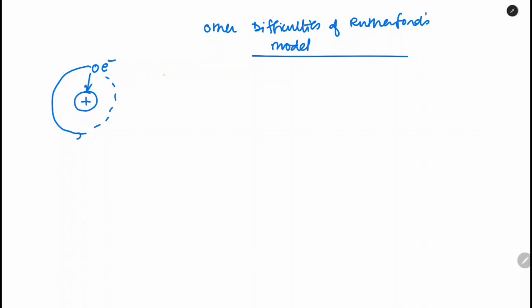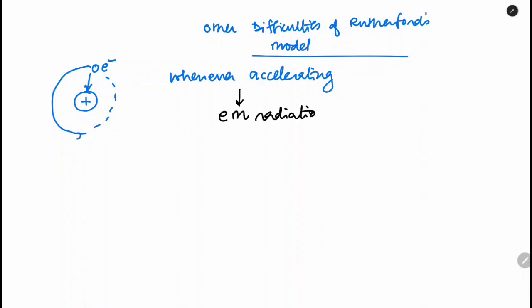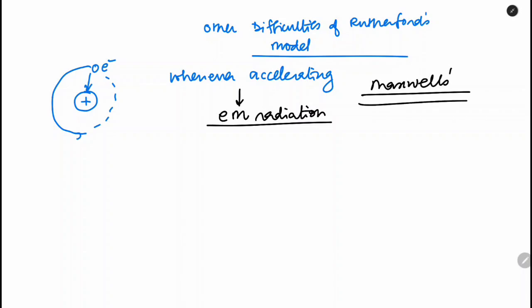But we know that whenever there is an accelerating body, there should be electromagnetic radiation, according to Maxwell's equations. Maxwell's equations of electromagnetism say that whenever there is an accelerating body, it should emit electromagnetic waves, which means the revolving electron should therefore always emit.